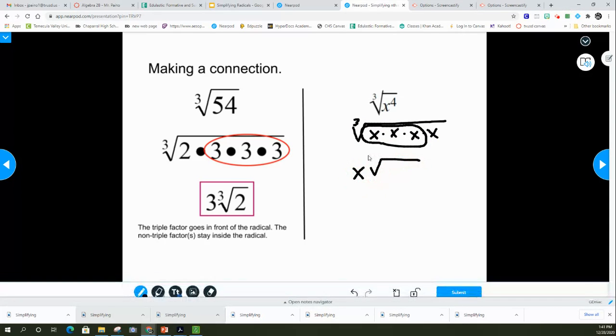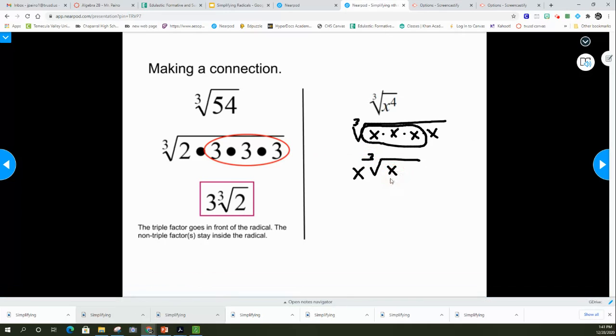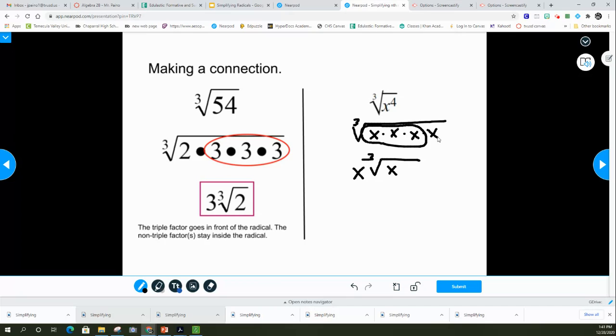And then what's left on the inside, just like this 2 was left on the inside, this x is left on the inside. So x, now again, I want to be a little bit neater on my handwriting there so you guys see that that's the index number. It's not x cubed on the outside, it's just x on the outside. That's the index number, cube root of x.